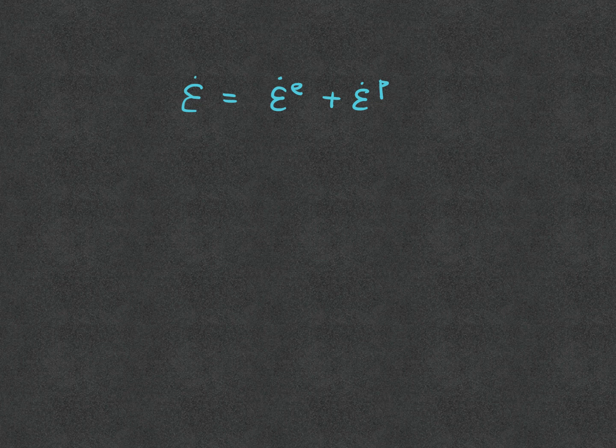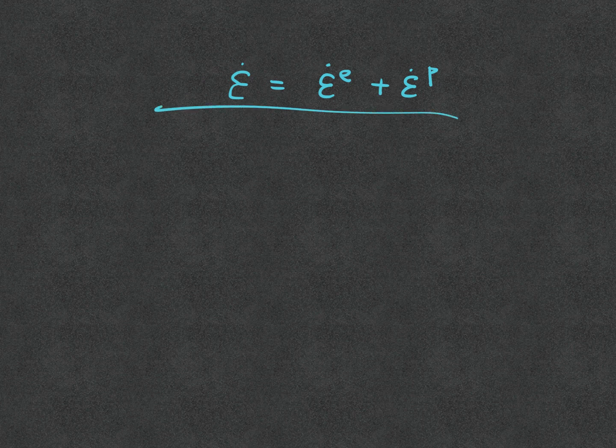So what happened to that kinematics is the following. In small deformations we use the additive decomposition, meaning that the total strain can be split into the elastic part and plastic part.